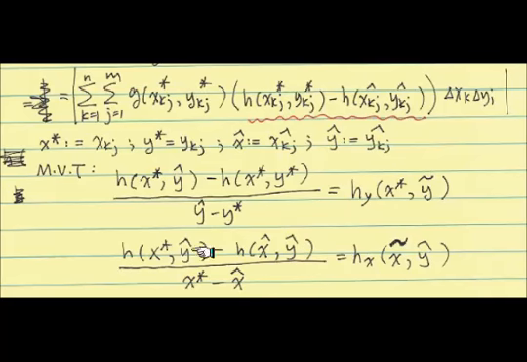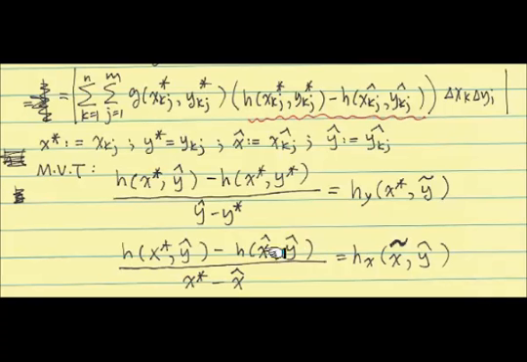I realized that if I have y hat, something nice happens when we combine these two things together. Namely, h of x star, y hat, which I had before, appeared again. So that's why I chose y hat. I don't know what's going to happen if you choose y star there, but y hat does something nice.